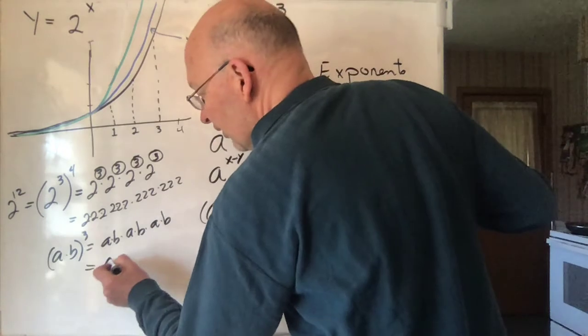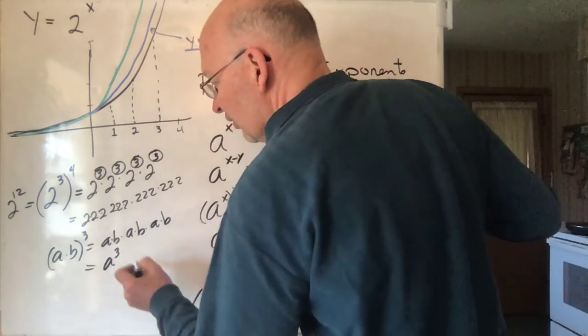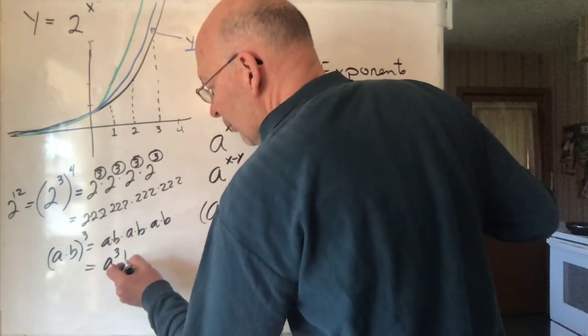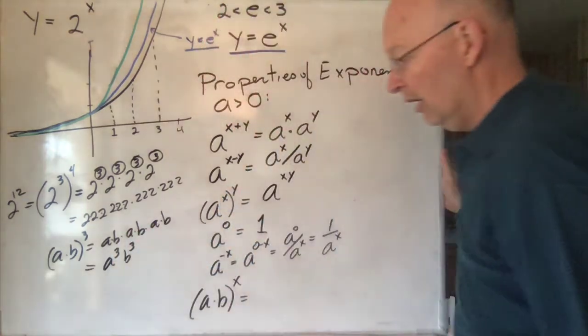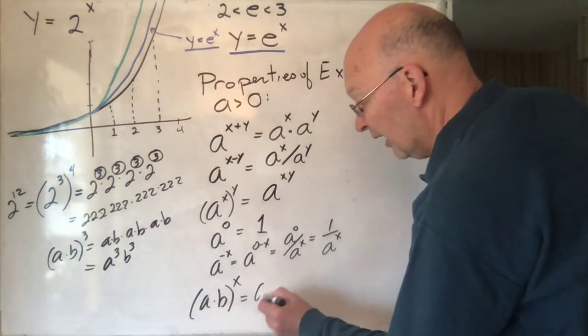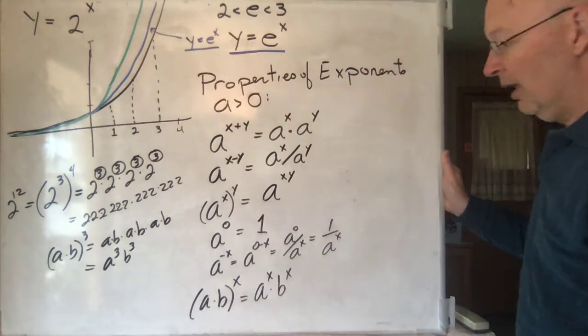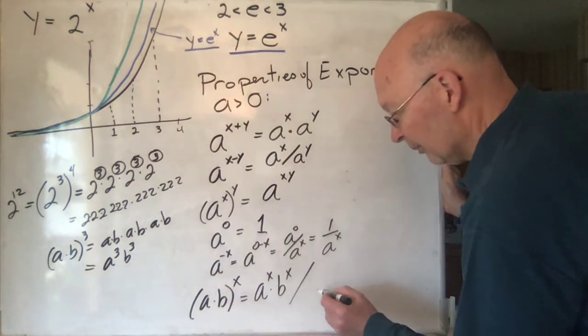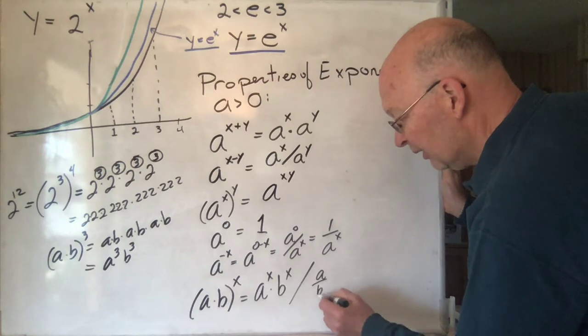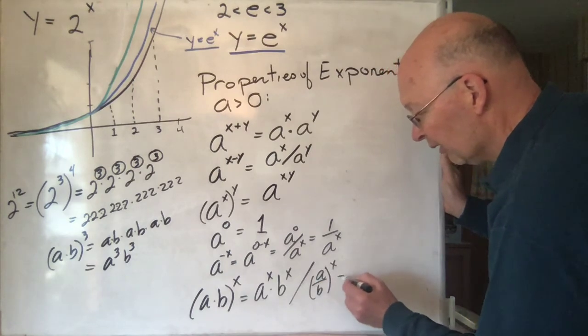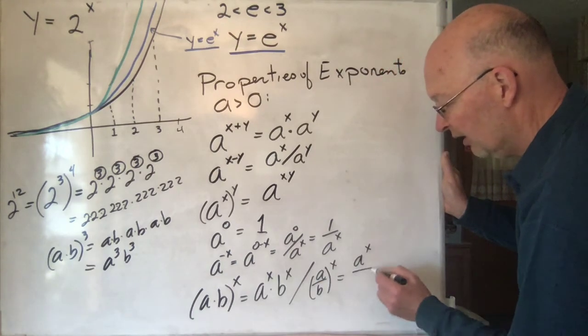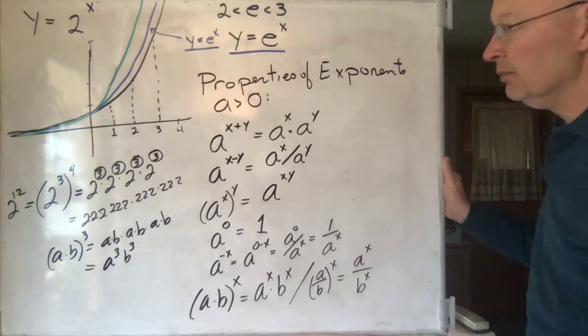So you can write this as a times a times a, which is a cubed, and then b times b times b, which is b cubed, and so that just becomes a to the x times b to the x. And I guess I'm out of room, but similarly, a divided by b all to the x power is equal to a to the x divided by b to the x.